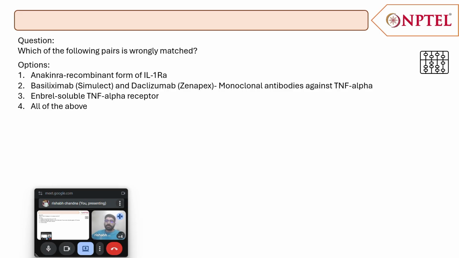Which of the following pairs is wrongly matched? So what can be the correct answer?